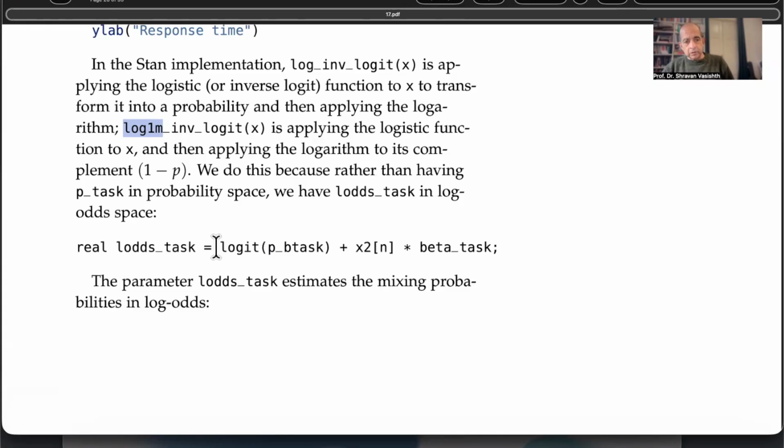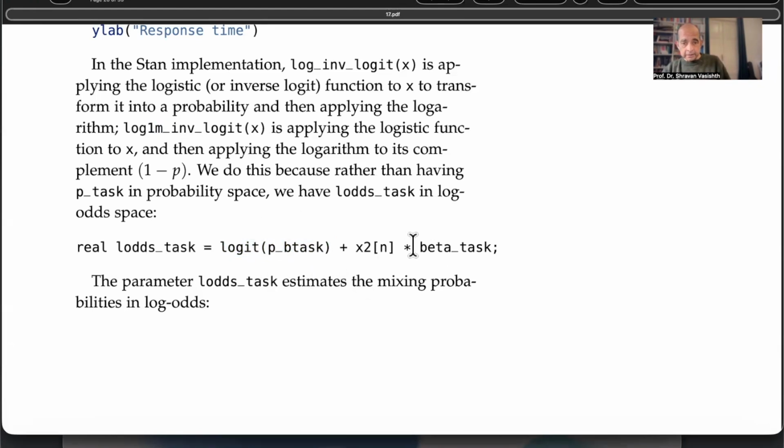In the Stan model, the logit function is the equivalent of the qlogis function in R. You can see that this probability of task engagement, which represents the alpha task, has to be converted to logit space, to log odds space. That's what this function is doing.